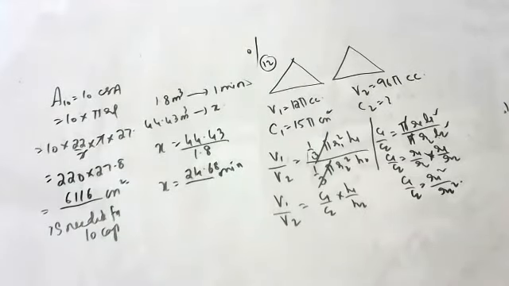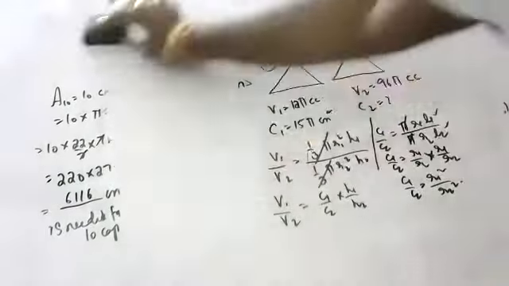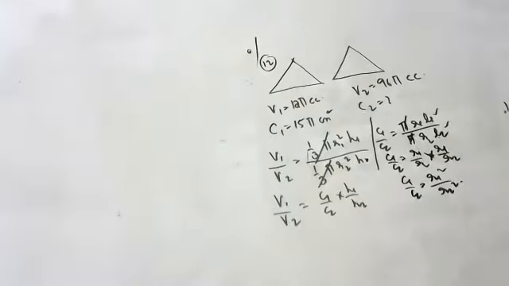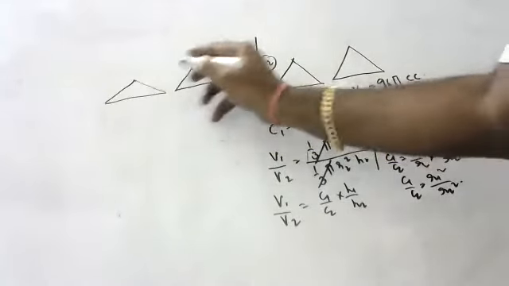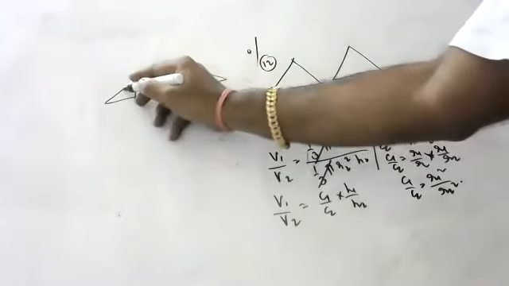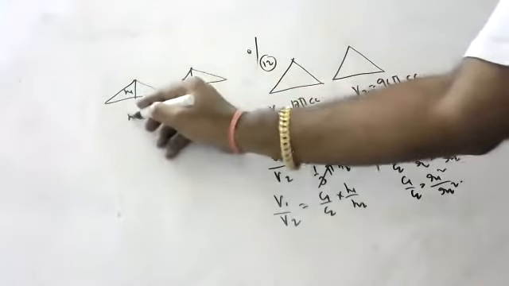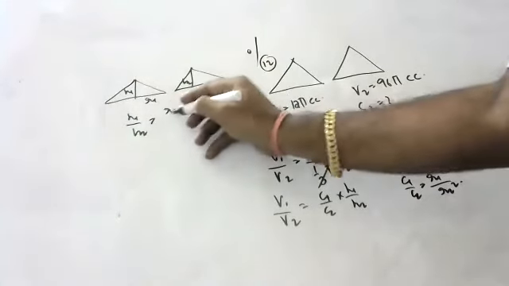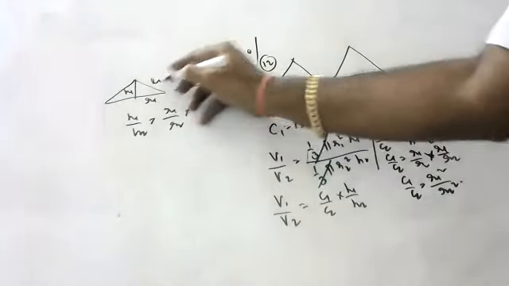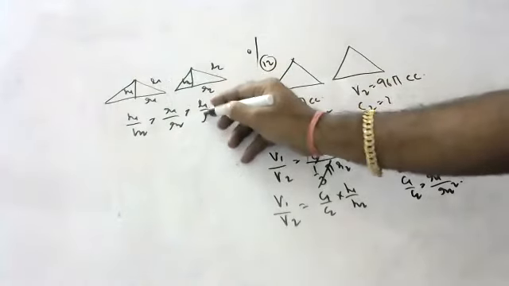Sir, I didn't understand how to write L1 by L2 as R1 by R2, sir. Okay, children, I will slowly show. See here, two cones are similar. Two cones are similar means their heights ratio, their radii ratio, and their slant height ratio will be equal.